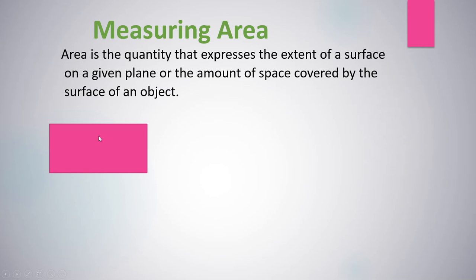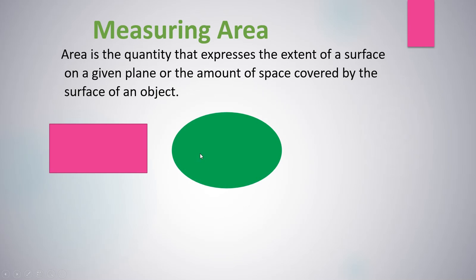This is a rectangle, covering a certain space. The space occupied by the surface is the area. Look at a circle. A circle also covers a certain space. This surface is called a plane, and the space covered by the plane or surface is what we call area.